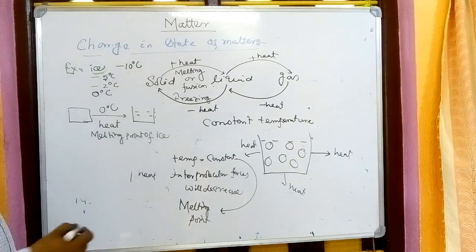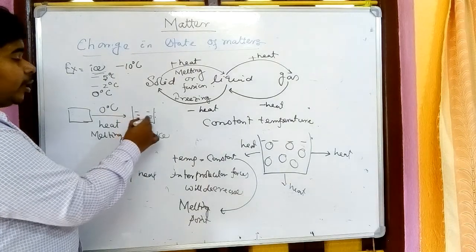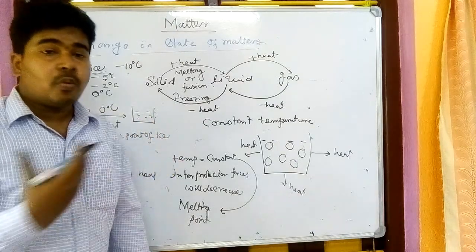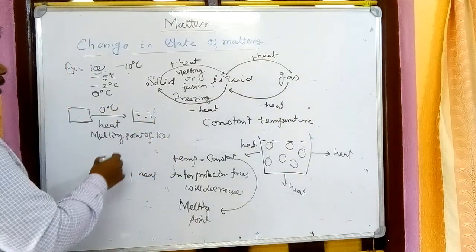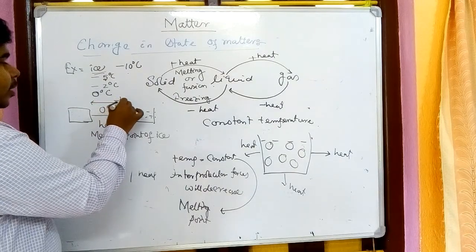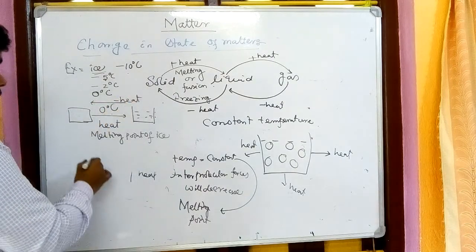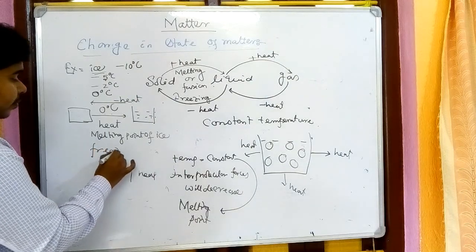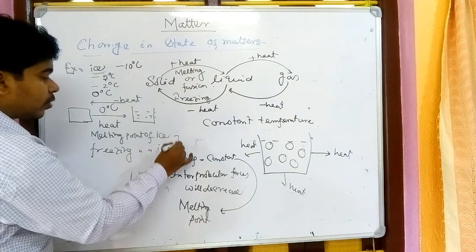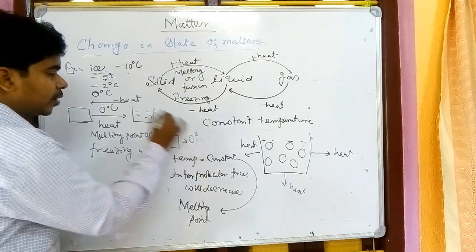Or you can say it in another way: if you have taken heat from water at 0 degree centigrade, it will be converted into ice. If you have taken heat, minus heat, that is the freezing point, and the freezing point of ice is also 0 degree.